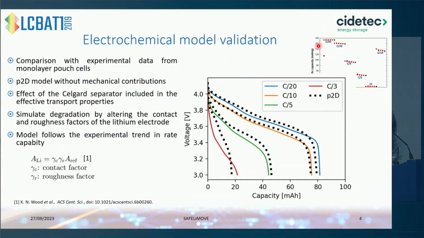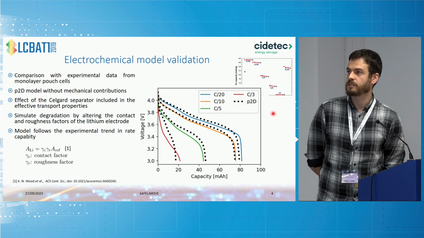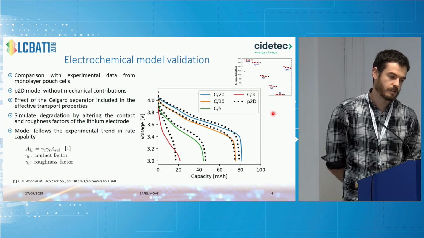It was just one anode, one cathode, and one separator in a pouch cell configuration, and we can see that the model more or less follows the trend of the experiments, although it obviously fails at higher C rates, which in this case is 3C, because we see there is a very low capacity already at 3C, and as you can see in the upper right corner, at 1C we also have pretty low capacity. I should mention that these are results at 60 degrees, so at higher temperature.